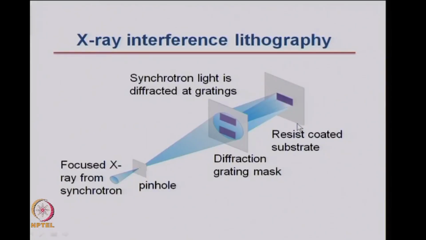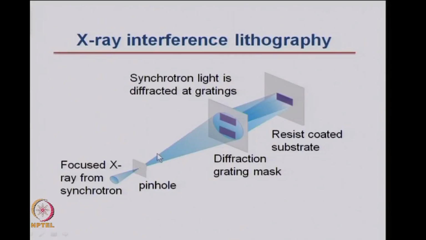So, you have this substrate, and this substrate is coated with a resist. On top of the substrate you have the resist, and when the X-rays interfere here, they create a pattern here, and then that pattern will be etched on the substrate.